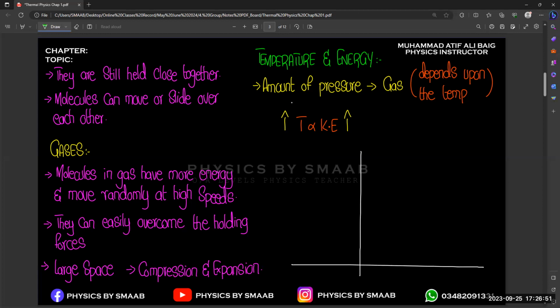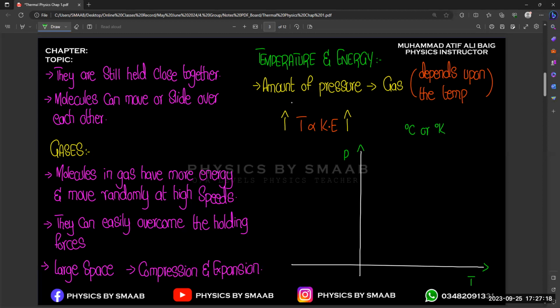Yes. So let's suppose we consider pressure on the y-axis and temperature on the x-axis. Your temperature will be minus 273, which is known as the absolute zero. Absolute zero means, let's suppose we consider the scale in degrees Celsius, or another scale, Kelvin.